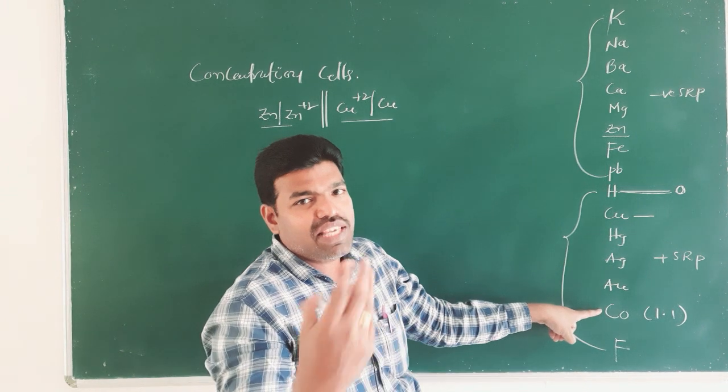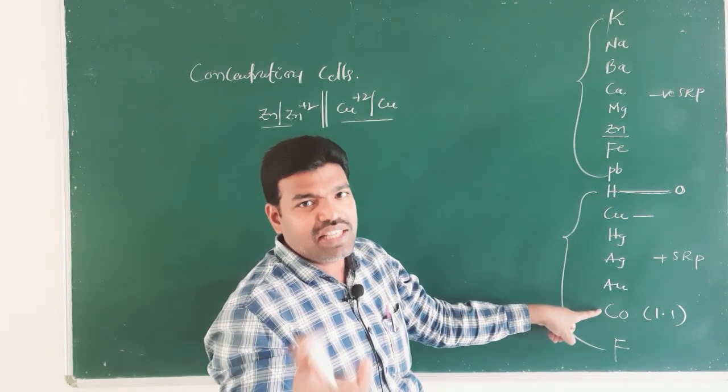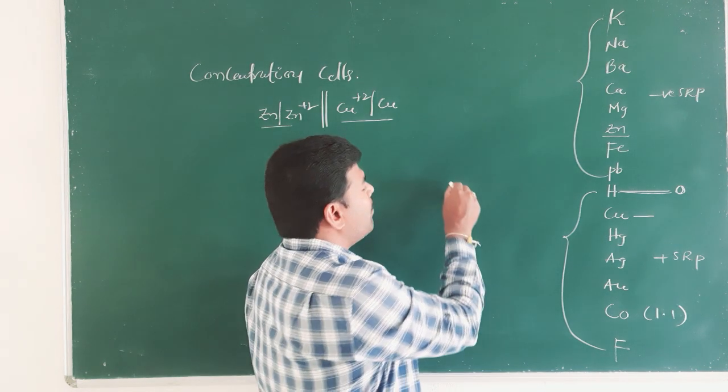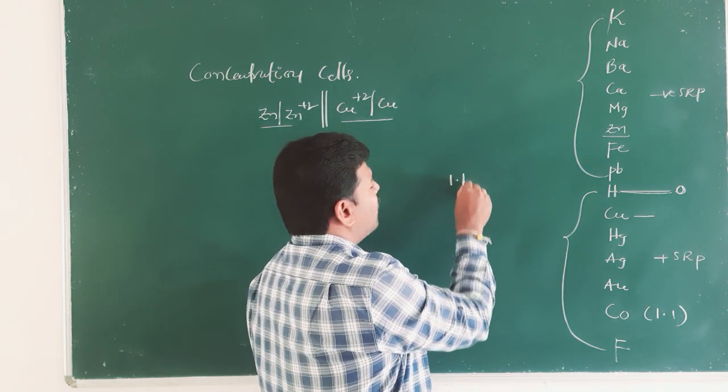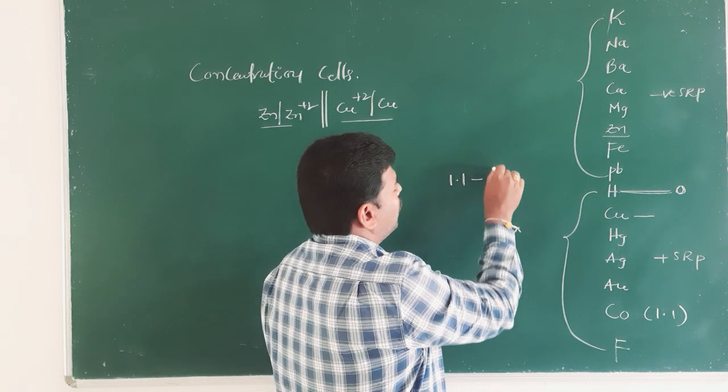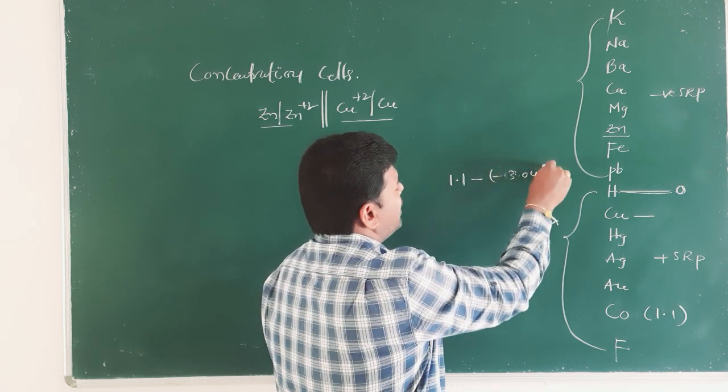Then what would be the EMF? EMF is nothing but the difference between the reduction potentials, that is 1.1 minus minus 3.04.